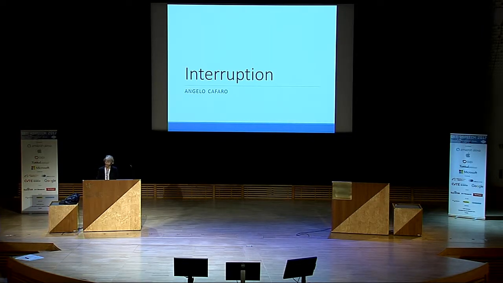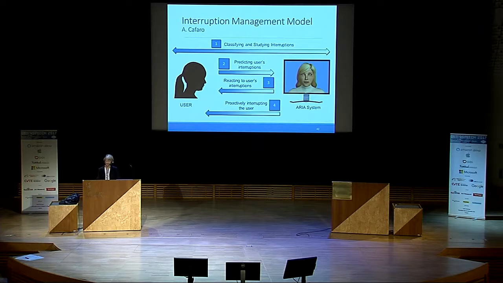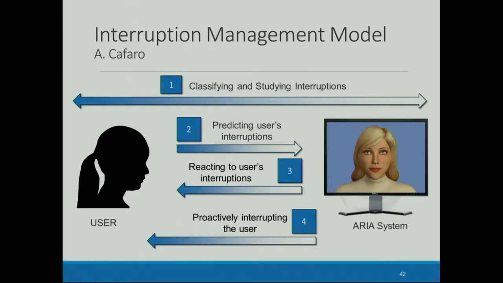So let's look at how interruption is doing. We want to have the agent manage interruption. So we have to study the different types of interruption, when to predict users may interrupt, but also how users react to agents' interruptions, and afterwards have the agent proactively interrupting users.